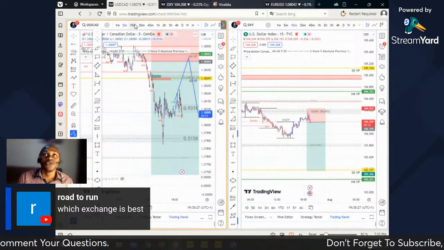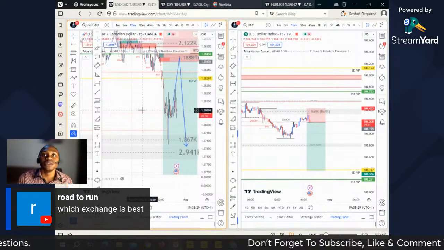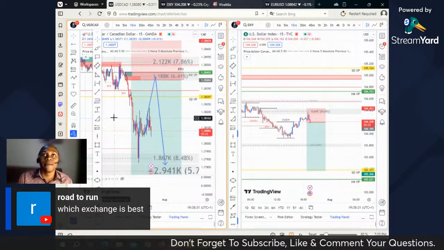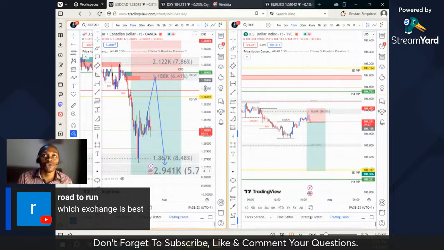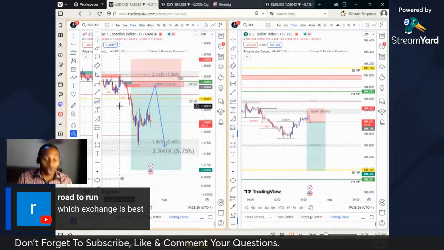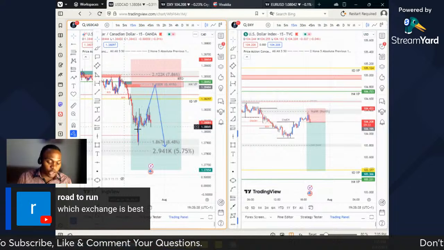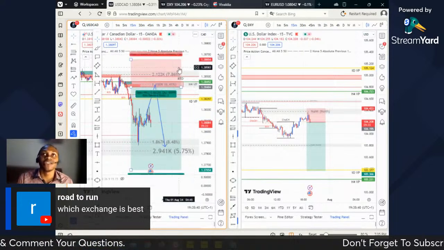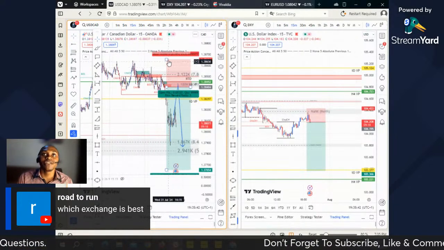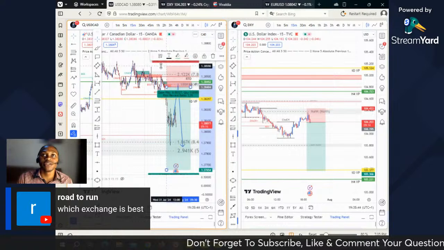For USD CAD, the market broke structure but has not returned to origin. So it's more like a sell limit order, not an instant execution. It's a sell limit order where we are risking 20 pips.